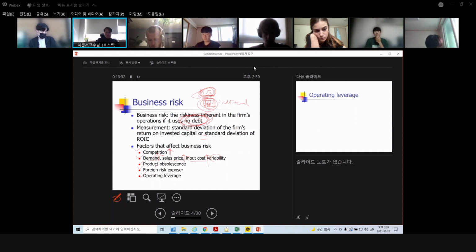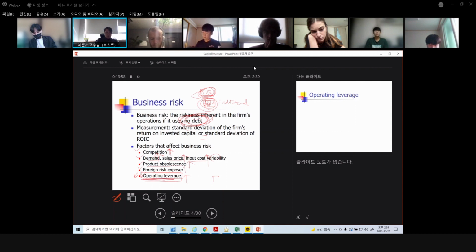So if the degree of product obsolescence is increased, then the business risk is also increased. Foreign risk exposure increases, then business risk is definitely increased. And an important thing is the operating leverage. What is operating leverage? Anyway, if operating leverage is increased, then business risk is increased.